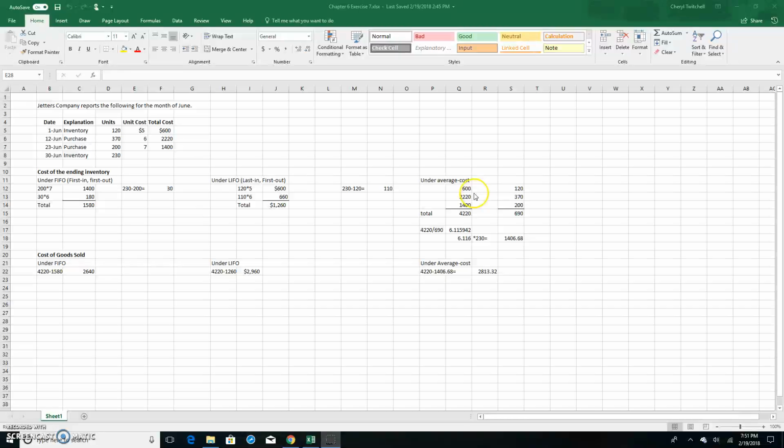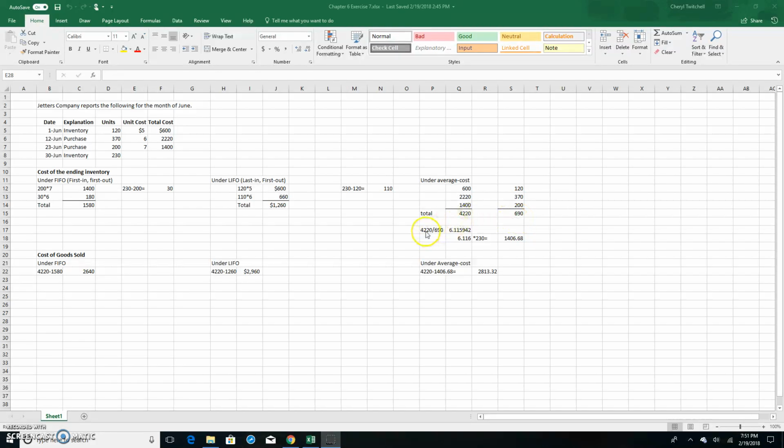I put that here, 600, 2,220, 1,400. Add them all together, you have 4,220. And then we take the sum of the units on this side, which is 120 plus 370 plus 200. And that gives us a total of 690.